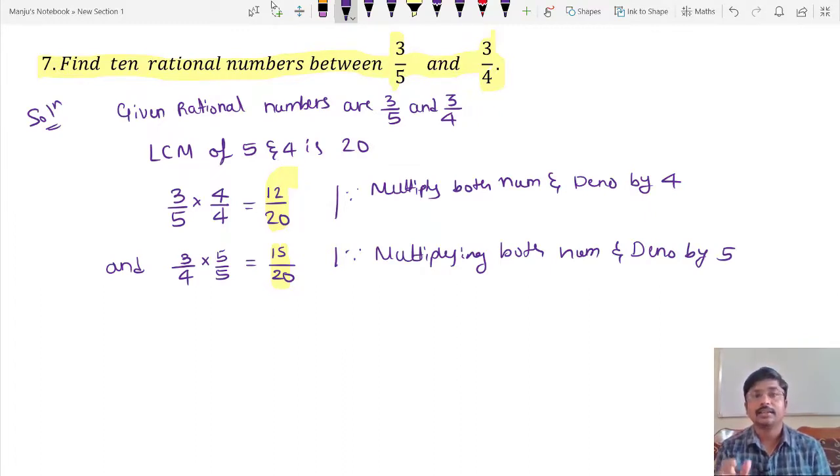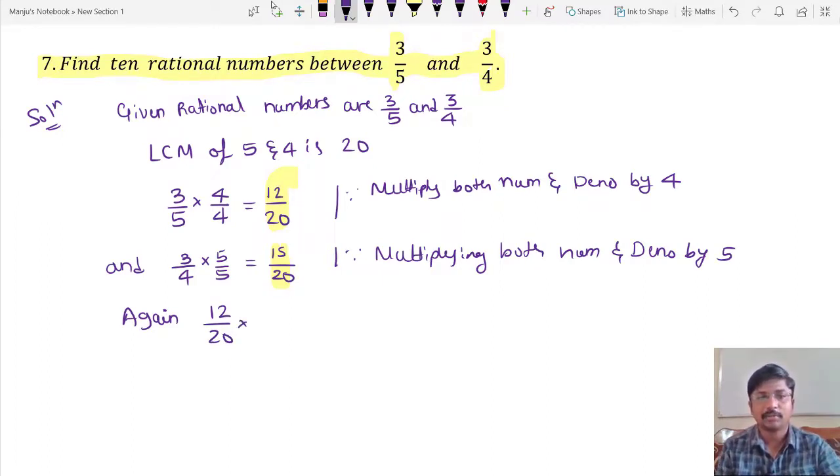But we need 10 rational numbers. For that reason, what will we do here? Again, 12 by 20, now I am multiplying both numerator and denominator by 8. 12 8s are 96, and 20 8s are 160.